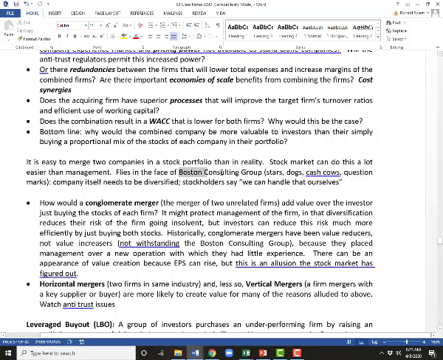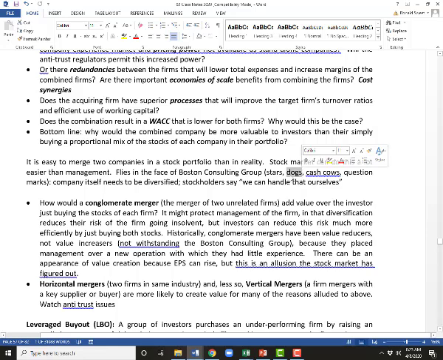You might study the Boston Consulting Group, and they say you need to do mergers and acquisitions so your firm has a star, that is a fast-growing firm with a lot of cash, has a cash cow, which is a slow-growing operation but produces a lot of cash. You want to try to get rid of the dogs.